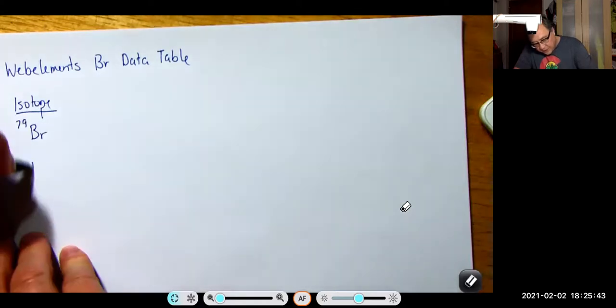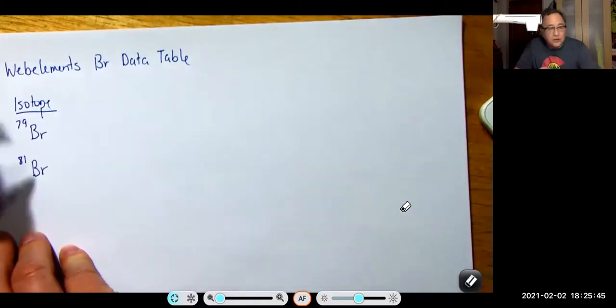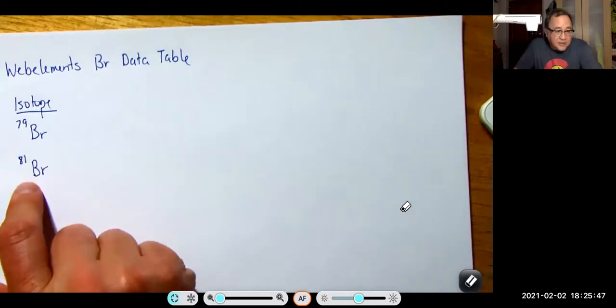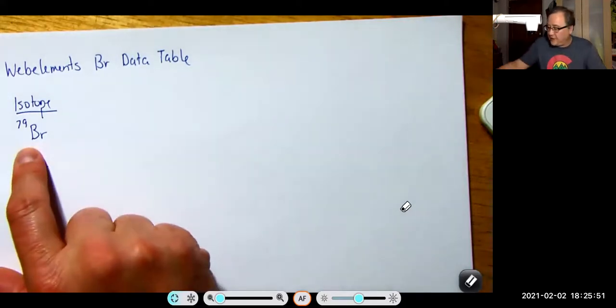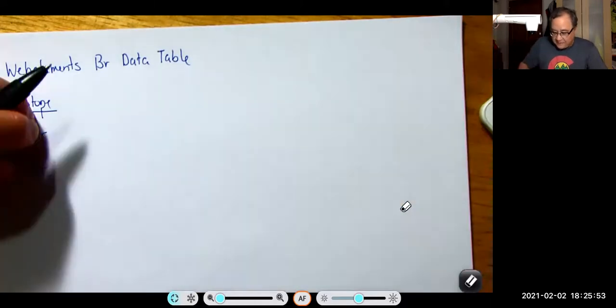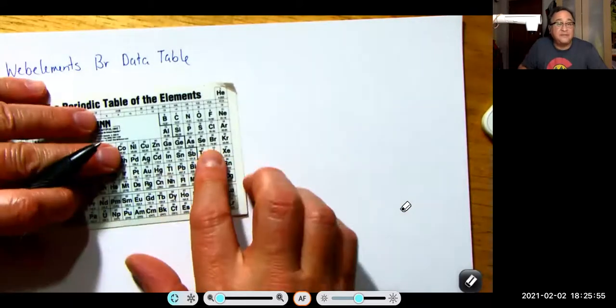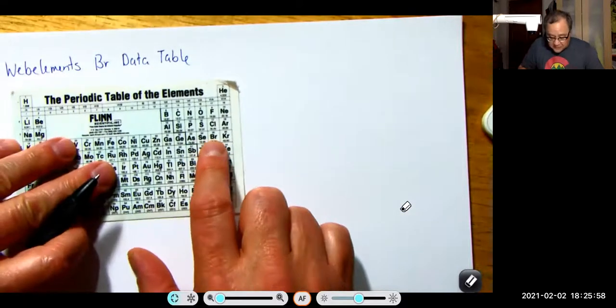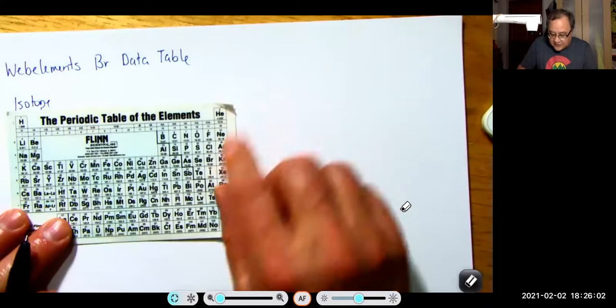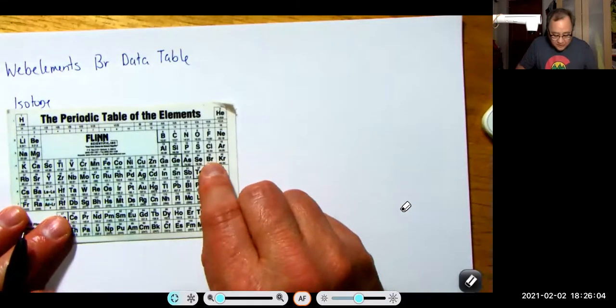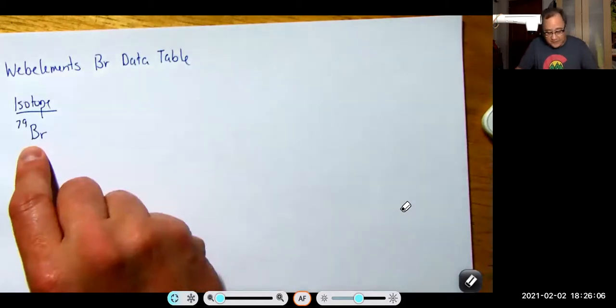The other one is bromine 81. You'll notice we don't write the 35 at the bottom because you can always figure out it has 35 protons by looking at a periodic table. There's bromine. It's got a 35 at the top. So that's what you would write here. It's kind of unfortunate, I guess, that this number at the top on the table is what you write on the bottom over here, but that's the way it is.